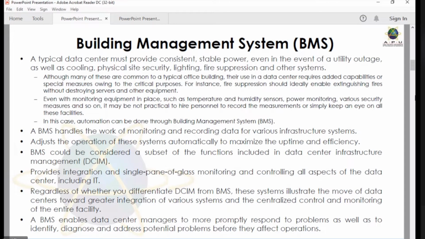It provides integration and single pane of glass monitoring and controlling of all aspects of the data center, including IT. So it provides the details of each of the parts or components that reside in the data center.